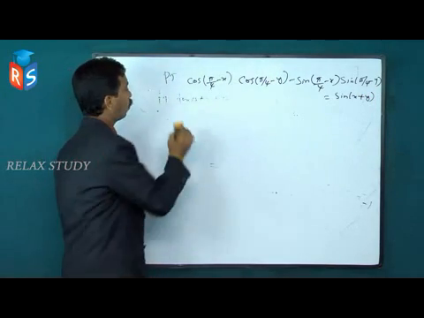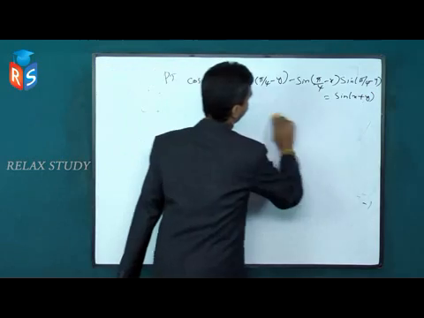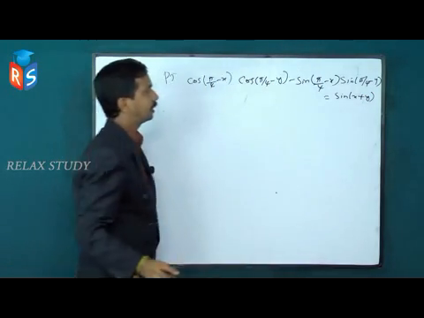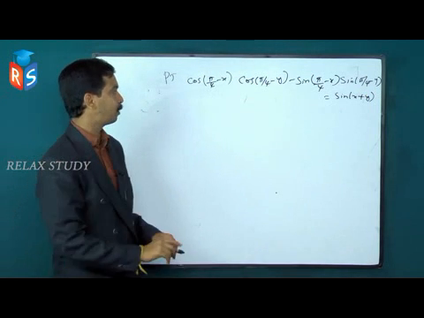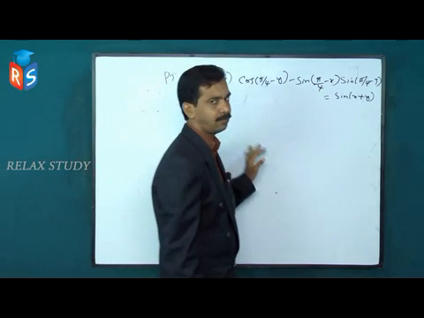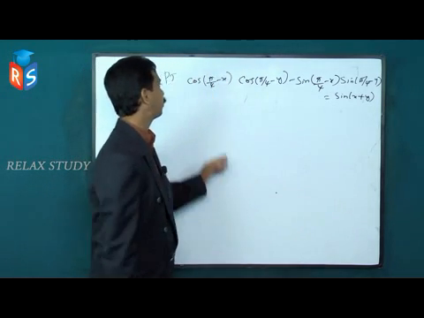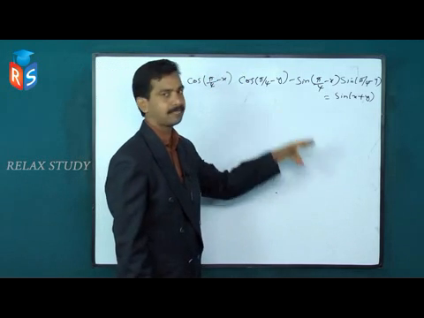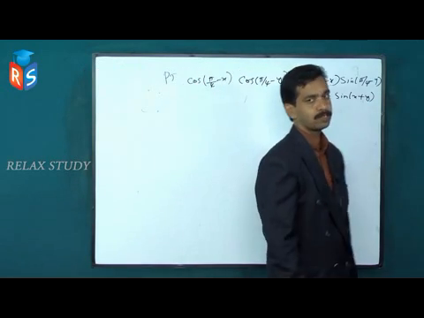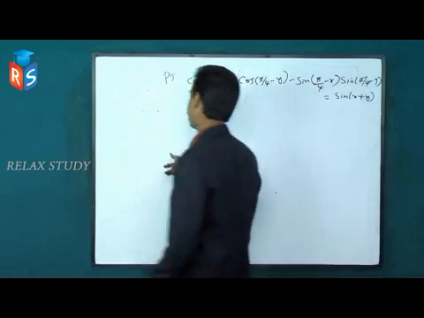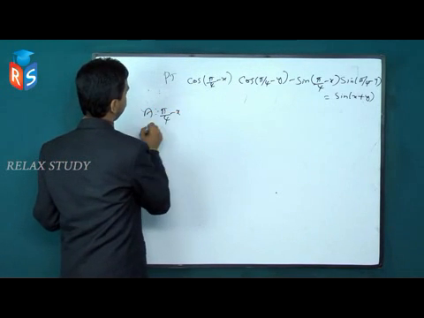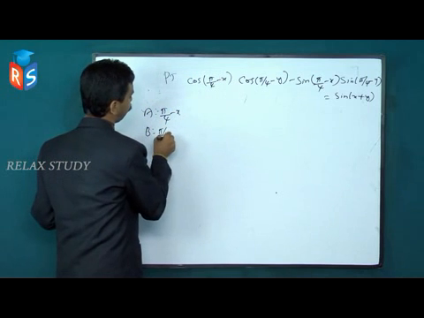We have to prove this. For such a problem, we have to apply the correct identity we have studied. Here this is of the form cos a cos b minus sin a sin b. We have studied cos a cos b minus sin a sin b equals cos of a plus b. Here a stands for pi by 4 minus x and b stands for pi by 4 minus y.